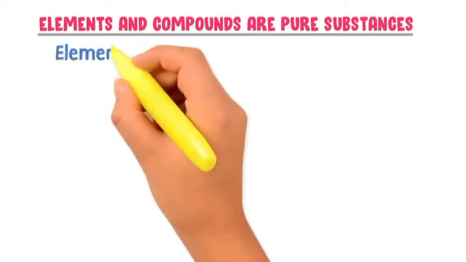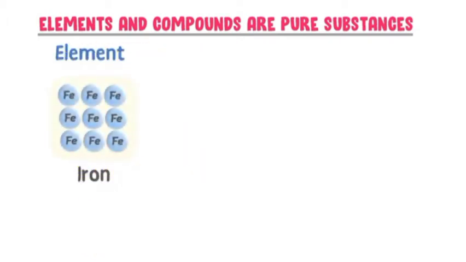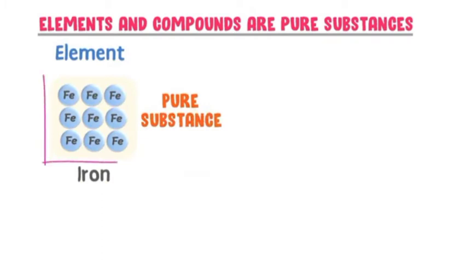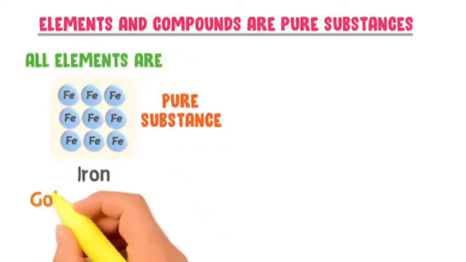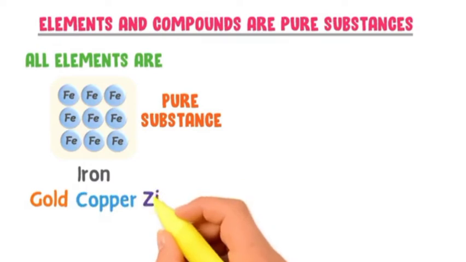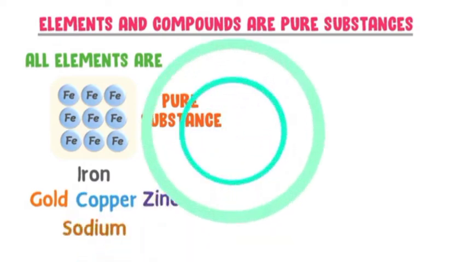We have already learned in the previous slide that an element like iron is a pure substance because all the atoms are the same throughout it and they have the same properties and sizes. So we say that all elements are pure substances like gold, copper, zinc, sodium, etc.